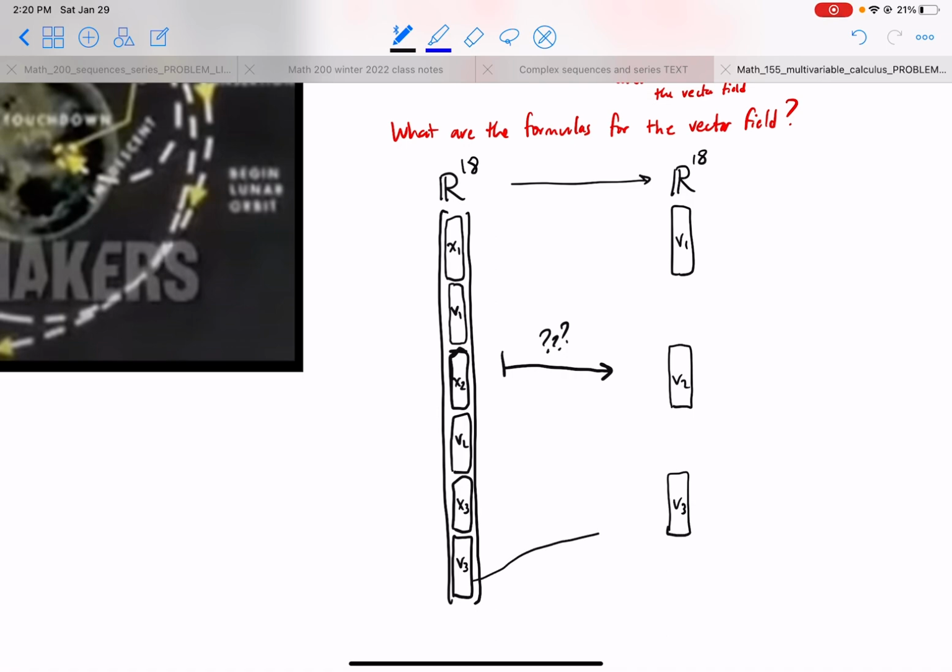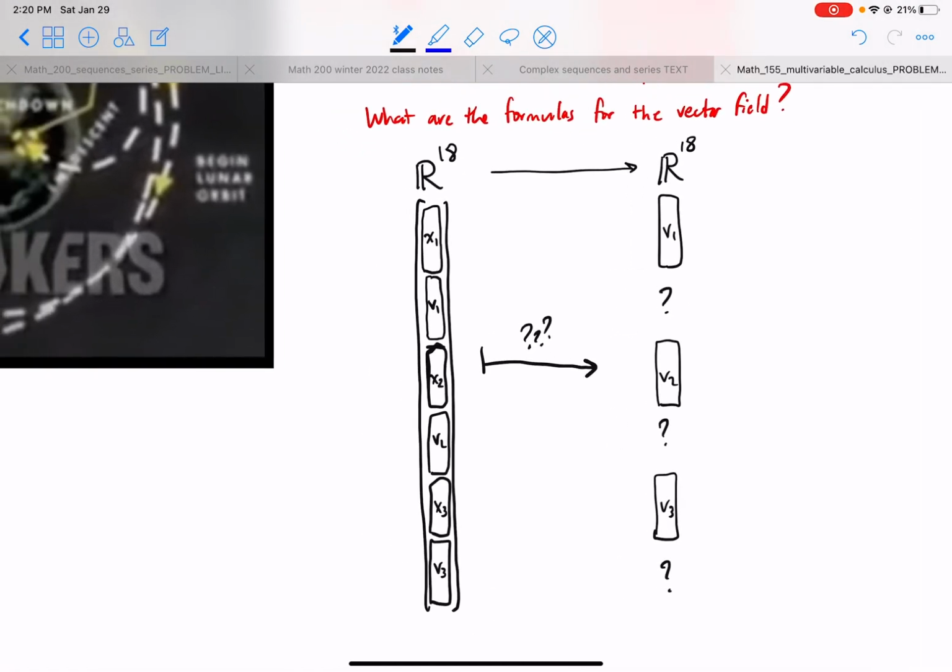We just take whatever those numbers are and put them there. So we're halfway done. We just need to know what to put in these 9 component functions. What are those 9 component functions?